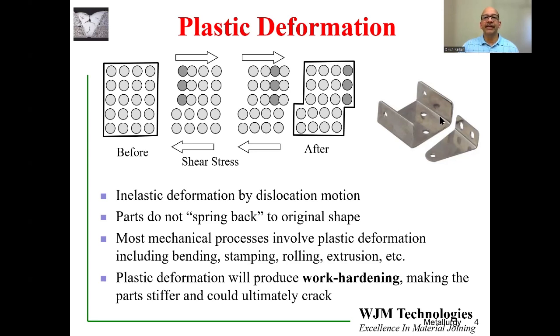In the region where the deformation has happened, for example, right along the bends over here, the hardness of the material increases. And if there is repeated bending to a certain level, then the hardness can reach such a value that the component can actually break. So there is a downside to plastic deformation.